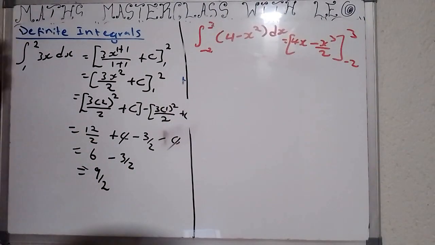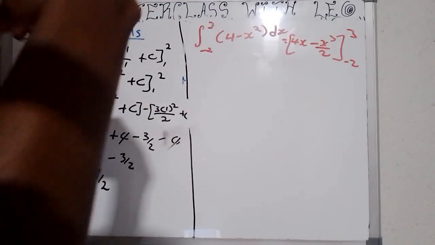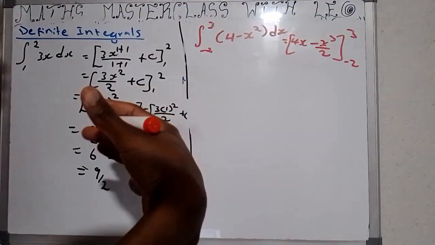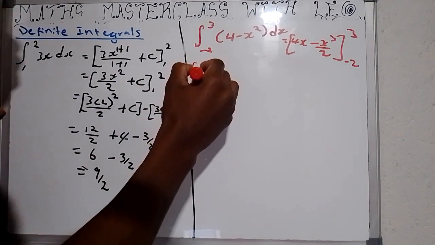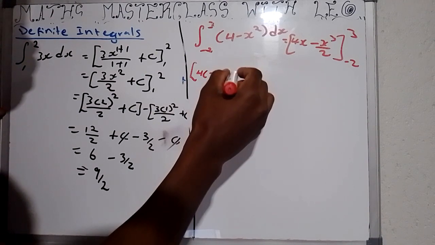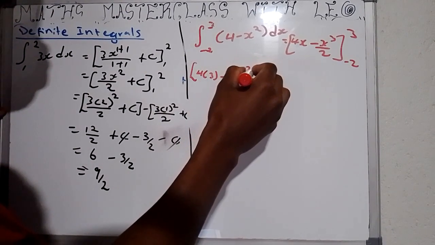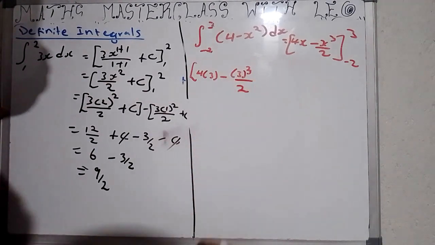So we need to subtract the lower limit from the upper limit. So I'm just going to have 4 into 3 minus 3 cubed, actually, not squared, divided by 3.